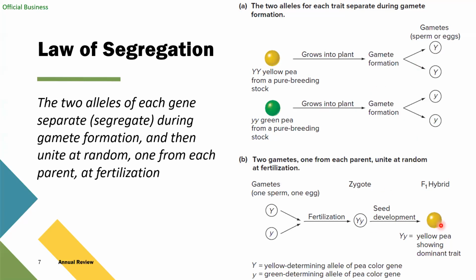The reason is that it's in order to maintain the same number of chromosomes, the same number of genes, the same amount of DNA or genetic information throughout the generations. Because if it does not segregate into haploids or gametes, with just one copy, then when it combines during fertilization, it will become 4, and then in a second round it becomes 8, and then another round it becomes 16.